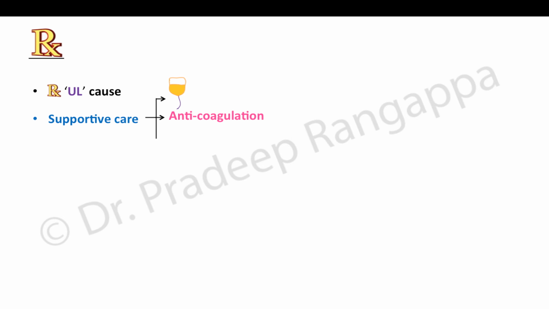Supportive care would also mean anticoagulation, and this is typically useful in patients with hemolytic uremic syndrome, thrombotic thrombocytopenic purpura or HIT, where anticoagulation may be needed. Most importantly, you will be focusing on etiology-specific treatment, because you need to ascertain the underlying etiology and then plan treatment accordingly.